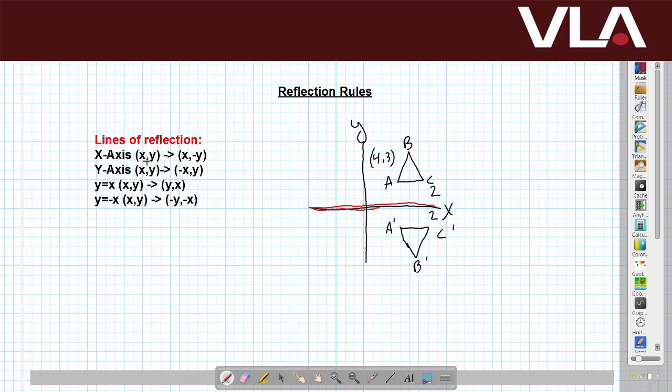So whatever I started with, my coordinate points x and y, it translates to x, and then you take the opposite of what you have at y. So this new point for A would be the x stays the same, and then my y is just the opposite of whatever I have for y. In this case, it's 3, so I just make it negative 3. And that's that point right there, which makes sense.